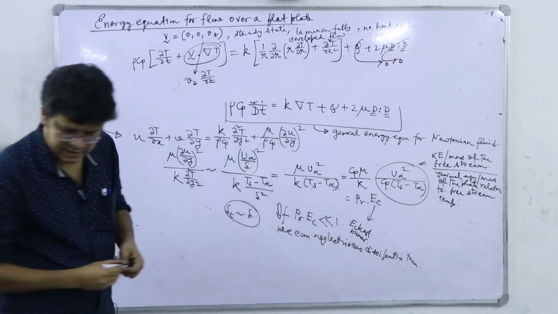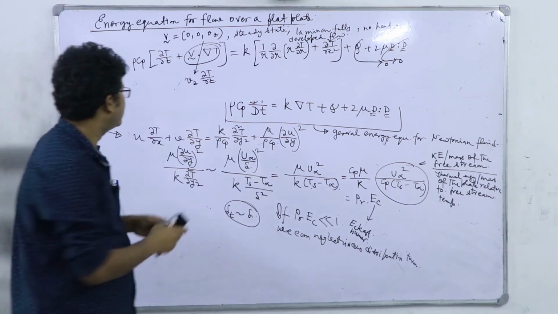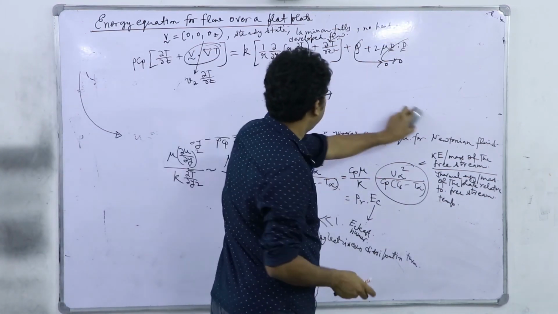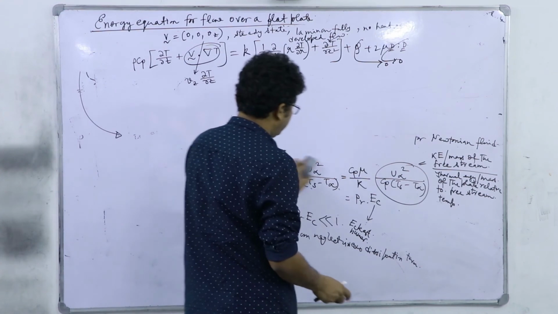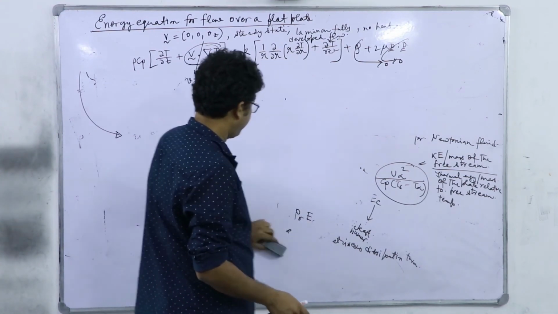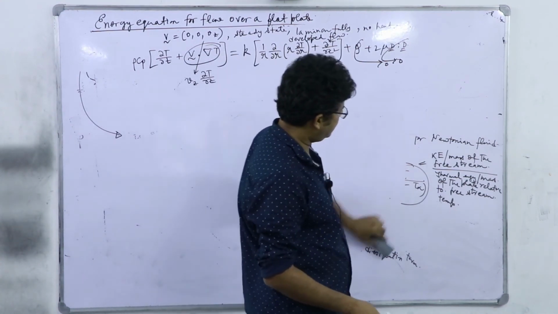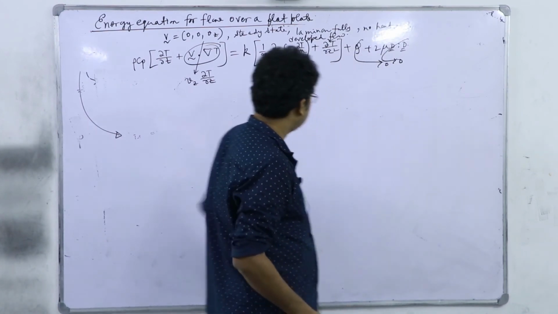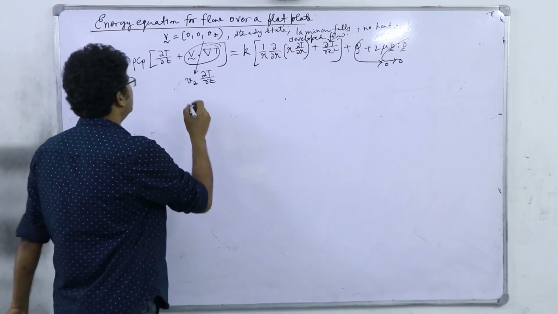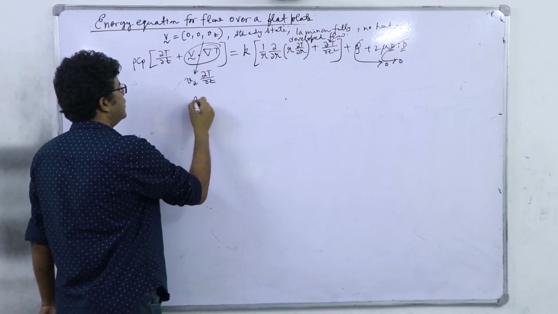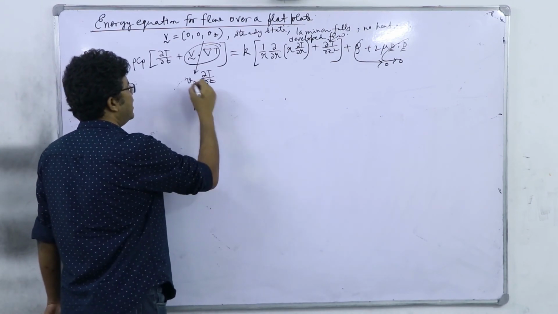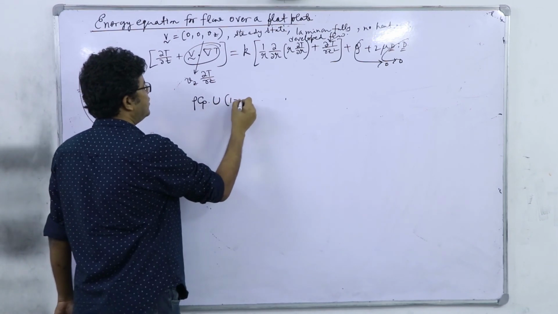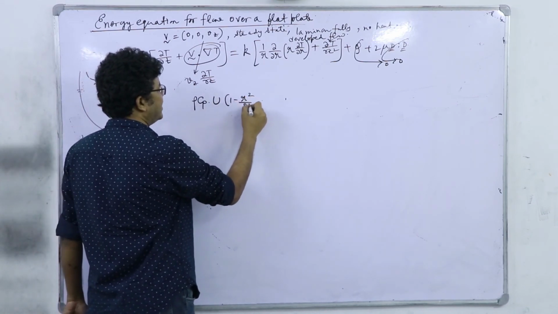So my final equation reduces to rho Cp and Vz. Vz is what? U into 1 minus small r square by capital R square.